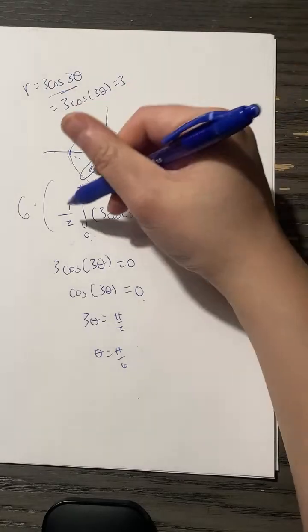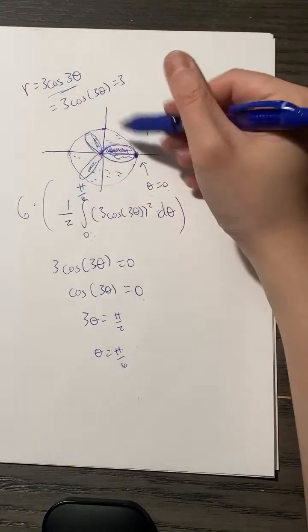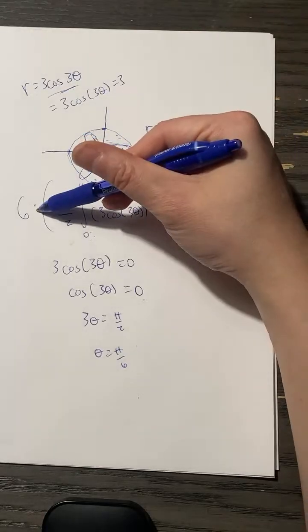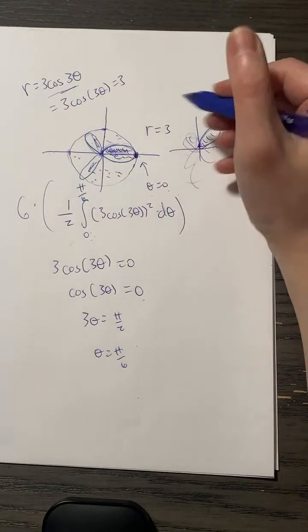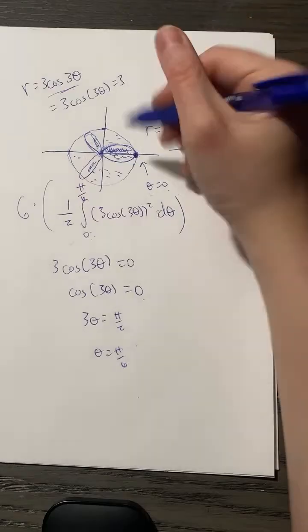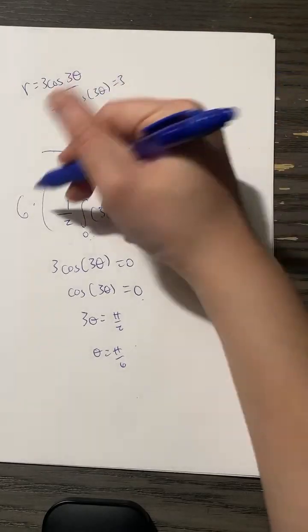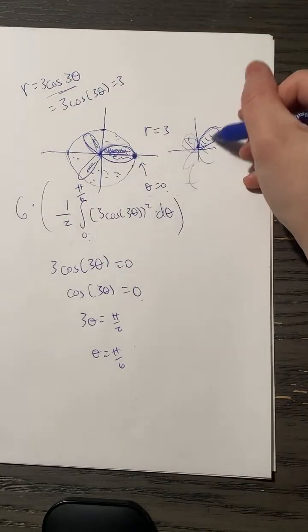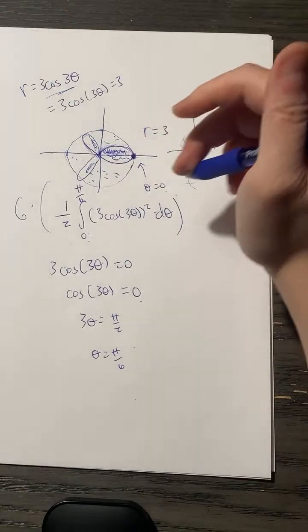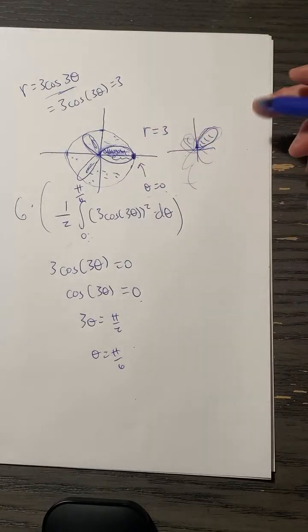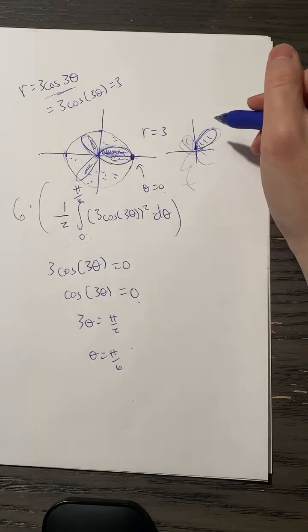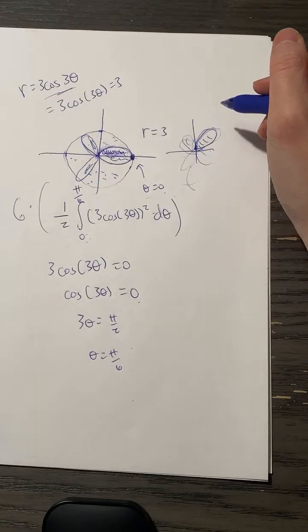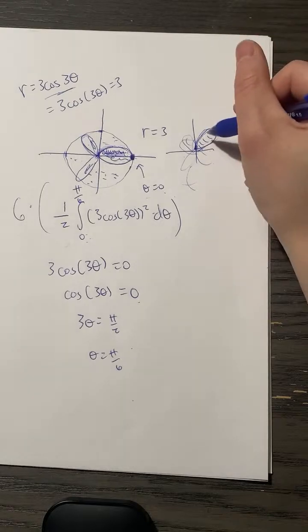Set it equal to 0, but the question is, do you multiply by 6, which is double the number of petals, or do you multiply by 3, the number of petals? I think for cosine, you're drawing half petals, so you multiply by double the petals. And for sine, you multiply by whatever the number of petals is, because you're drawing full petals. Yeah, I think that's right.